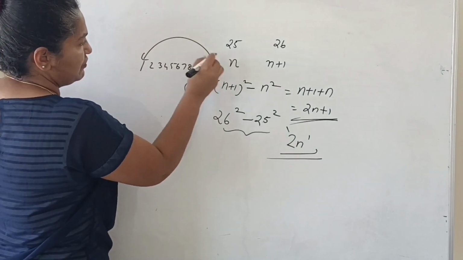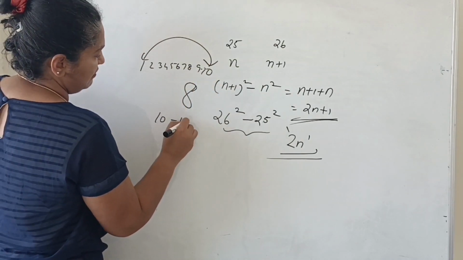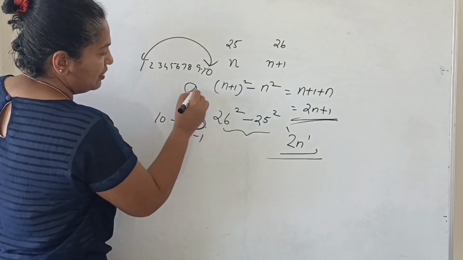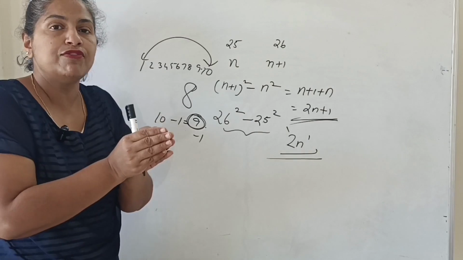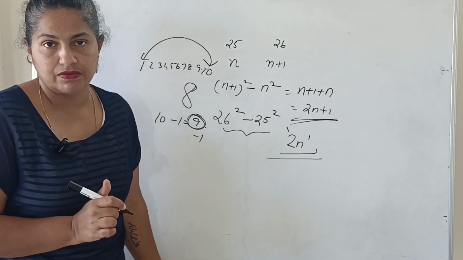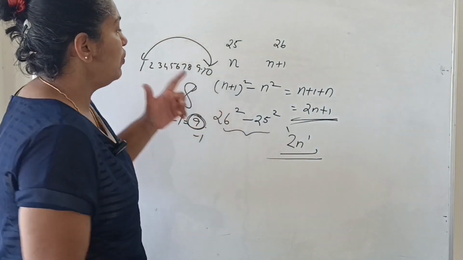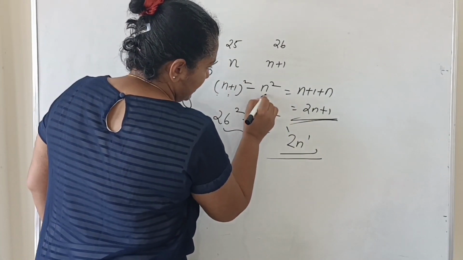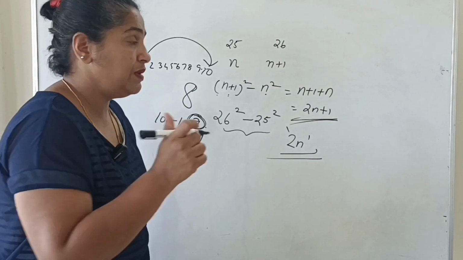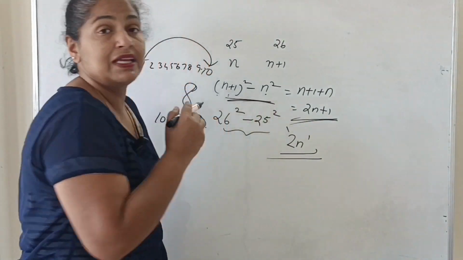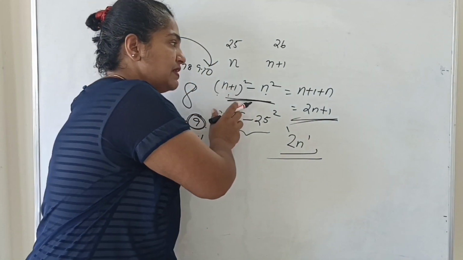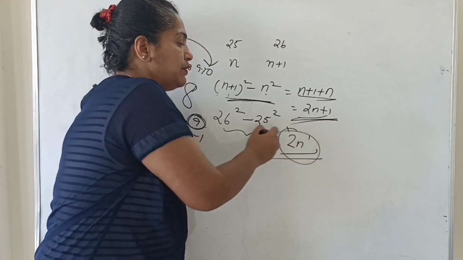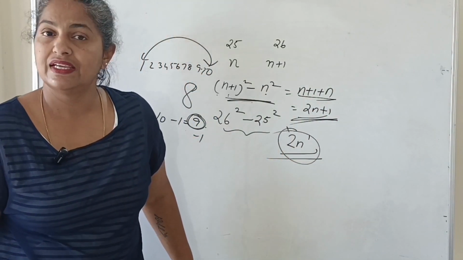What is the difference between the first and the last number? 10 minus 1, 9. The difference minus 1 will give me the number of numbers in between two numbers. Correct? So, in between n plus 1 square and n square, the number of numbers will be the difference between them minus 1. The difference between them is given by this formula; minus 1 will give me 2n. Clear?